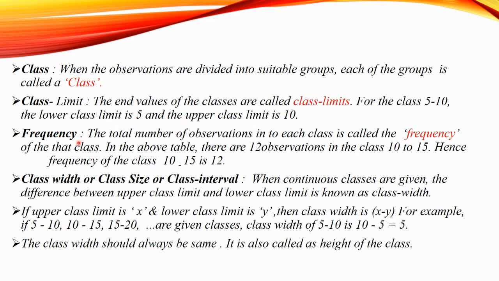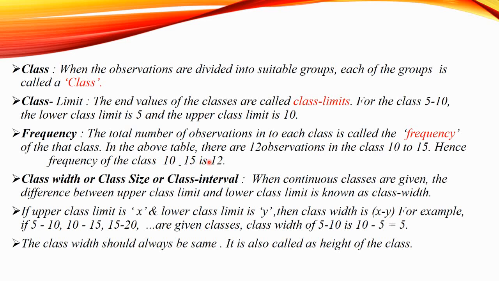Frequency: the total observations in each class is called the frequency of that class. In the above example, we had 12 observations in the class 10 to 15.